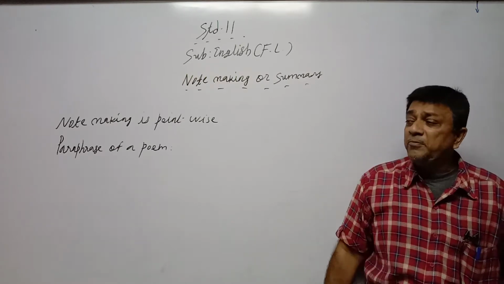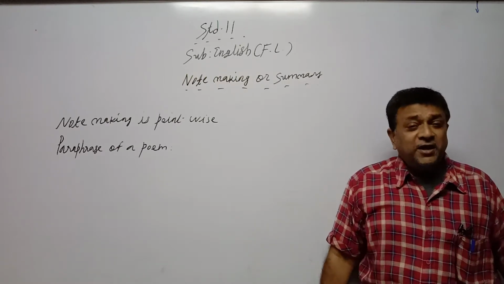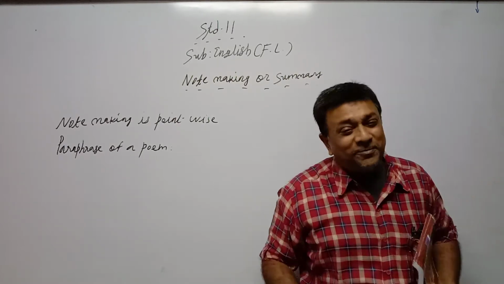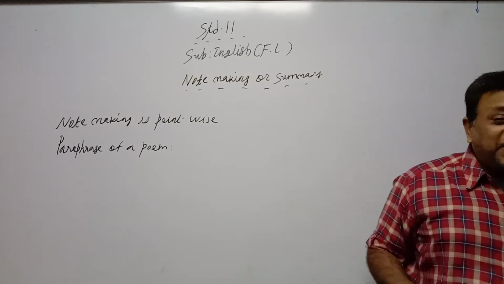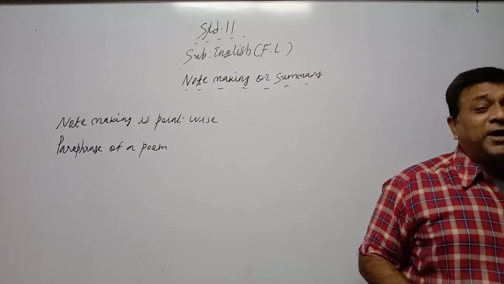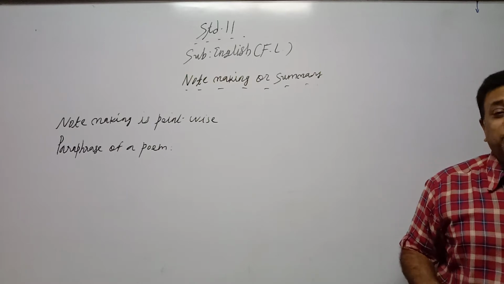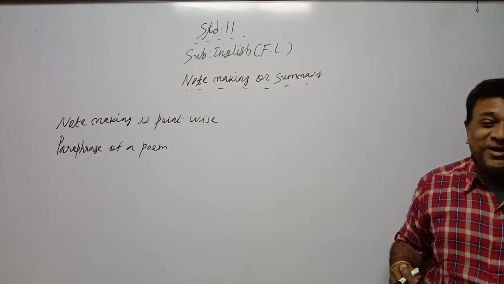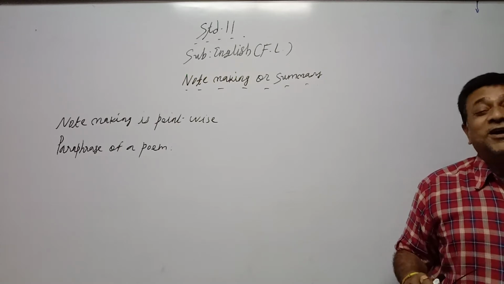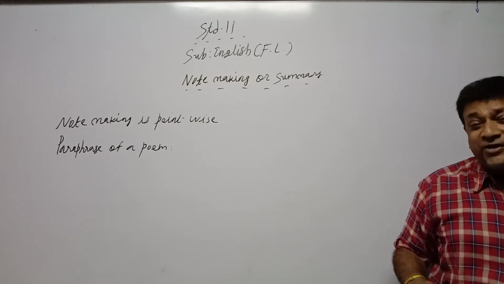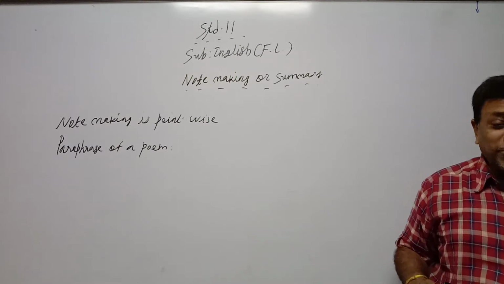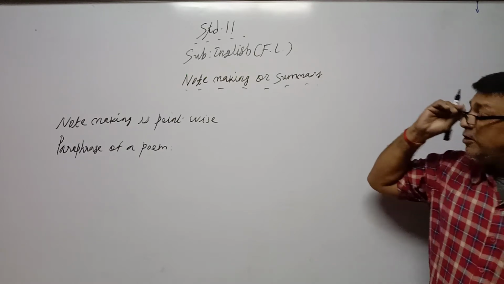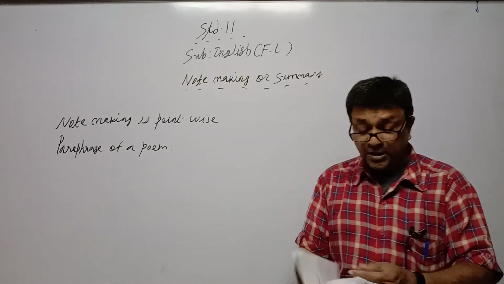Paraphrase of a poem means writing what the poem conveys, writing the meaning of the poem, the message of the poem, in a prose way, not in a poetic way. The message the poet wants to convey through a poem is written in a prose way. We shall call it paraphrase of a poem.